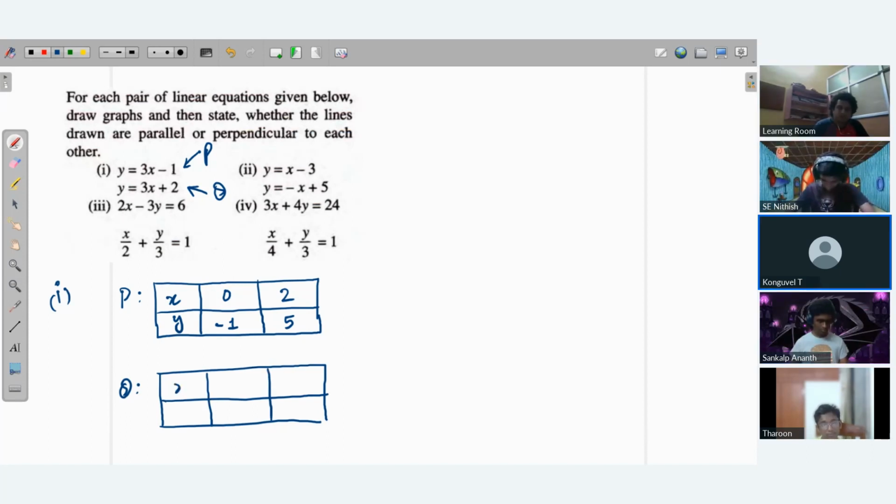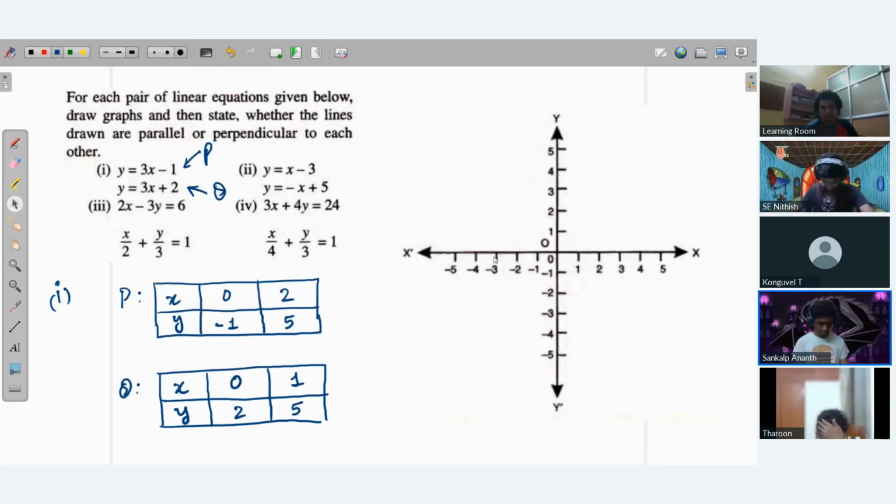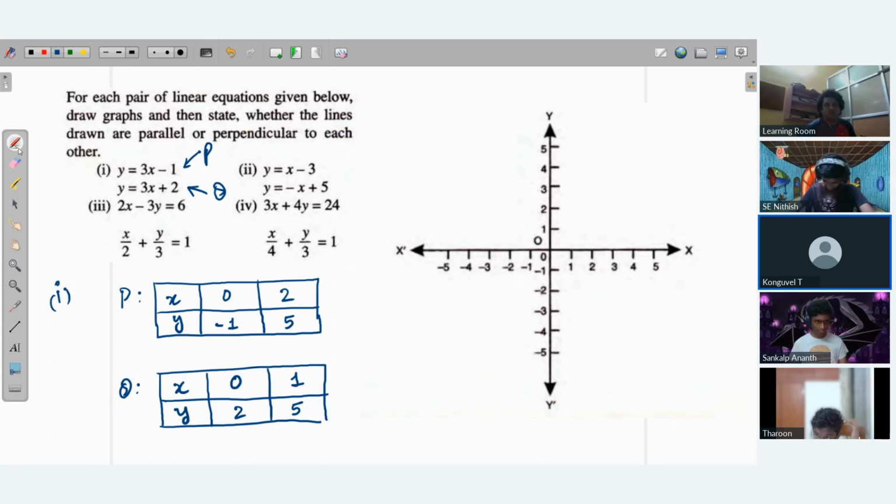Now for the line Q, x equal to 0 implies that y must be 2, and for x equal to 1, y should be 5. These are the two tables for these two lines, and then let's plot it. This is our graph.